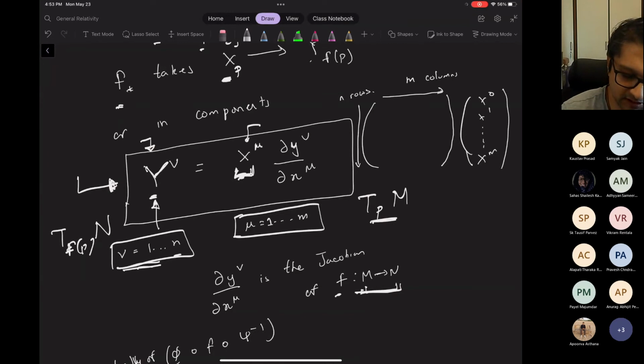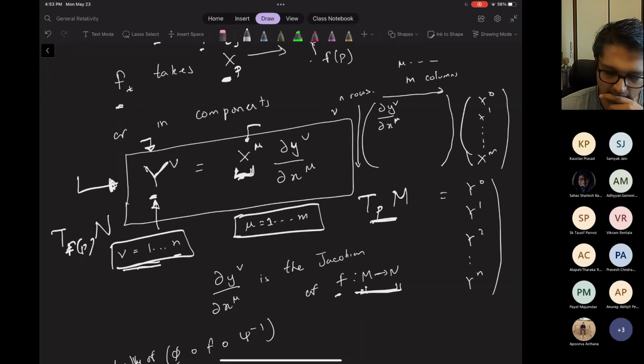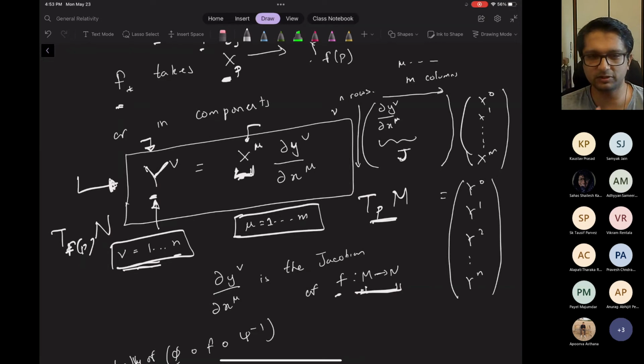The entries of this matrix are partial y nu partial x mu, where mu denotes the column and nu denotes the row. The output of this is an n-dimensional column vector y0, y1, y2 to yn. So this is nothing but the Jacobian of the transformation. It's a non-square Jacobian because the transformation is from m variables to n variables.